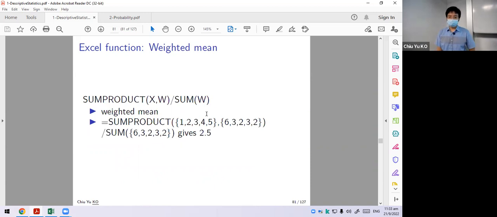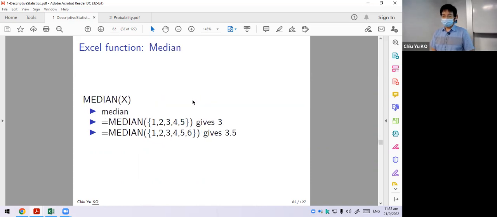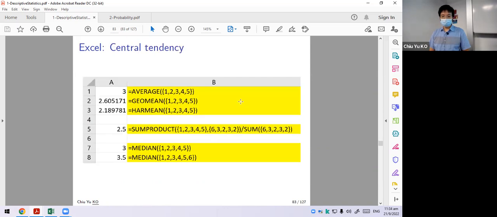And this is to calculate the weighted sum, called SUMPRODUCT. And the median function gives you the median.